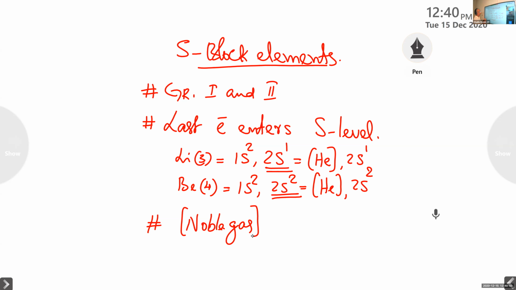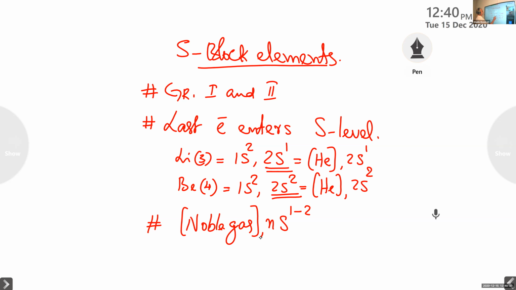And the outer level will be ns1 to 2. That is the general electronic configuration of the s block elements. There is the inner core of a noble gas, and the outer electronic configuration will be ns1 to 2.